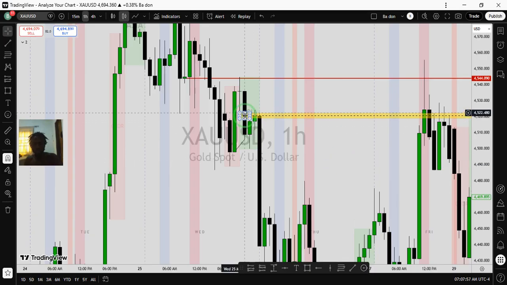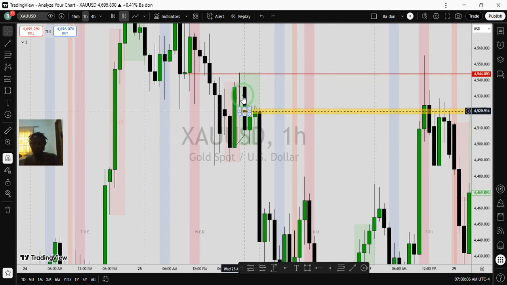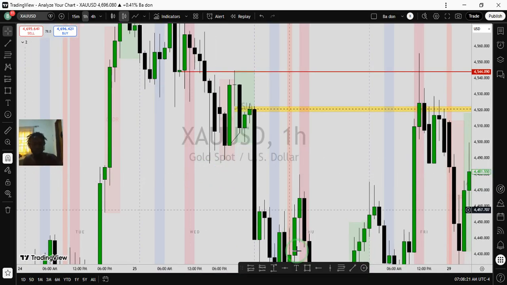So this could be a high risk trade for you, or you could just risk it. But most of the time, probably this won't work out. Where there is no shift, it won't work out. But some of the times it also works out. So you just have to be intuitive about it.